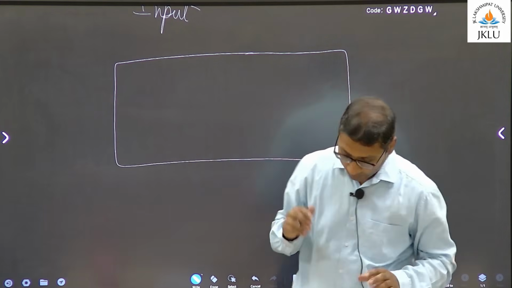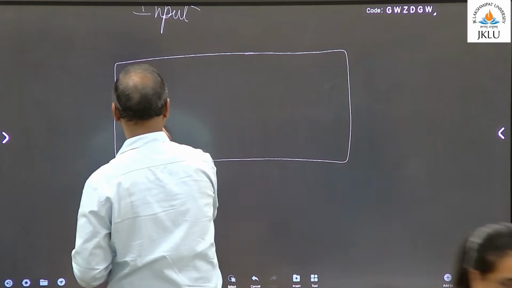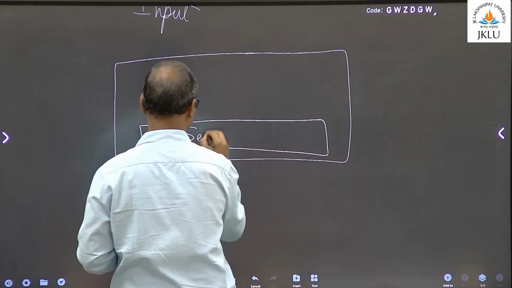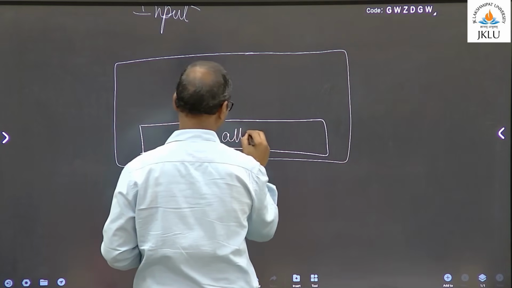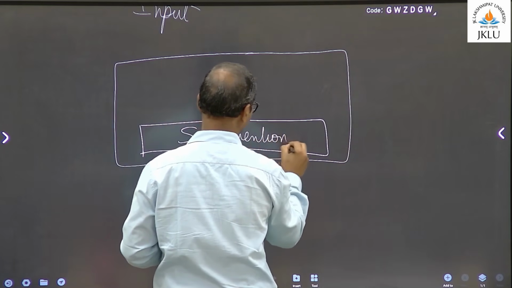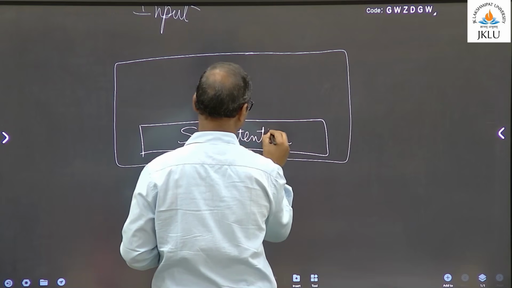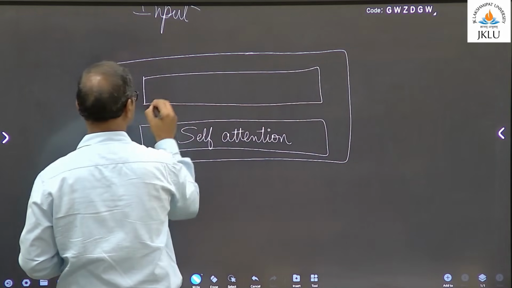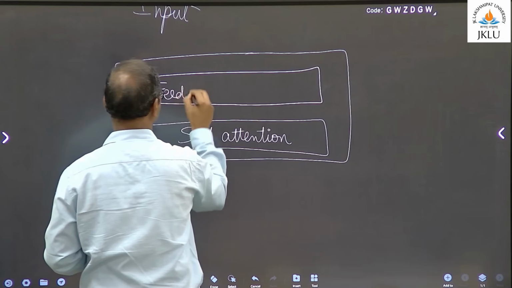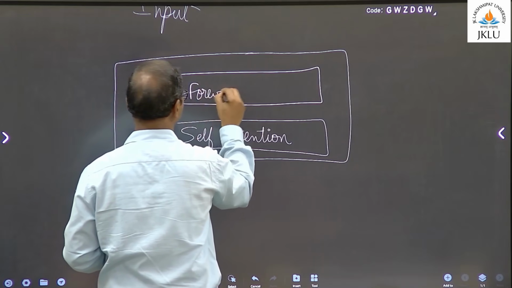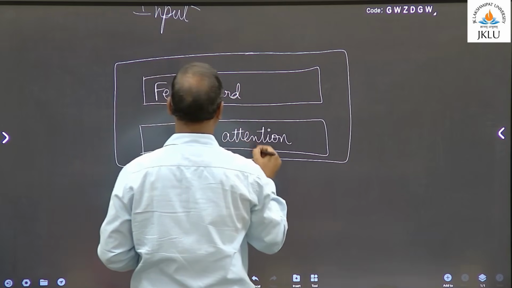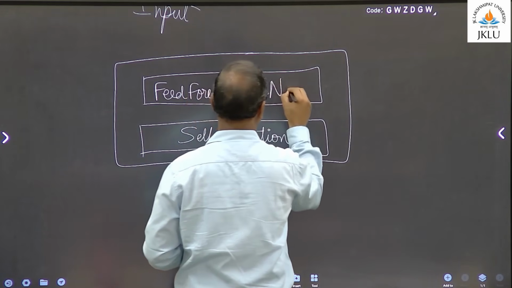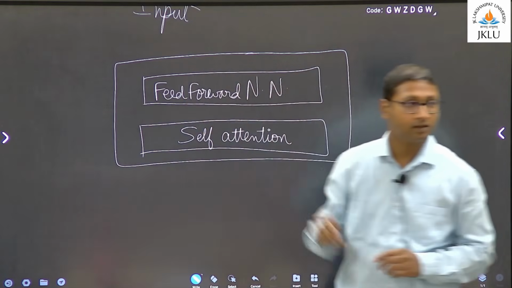Okay, and what it has is something that you already know. So this is your self attention, and this is your, what is NN?